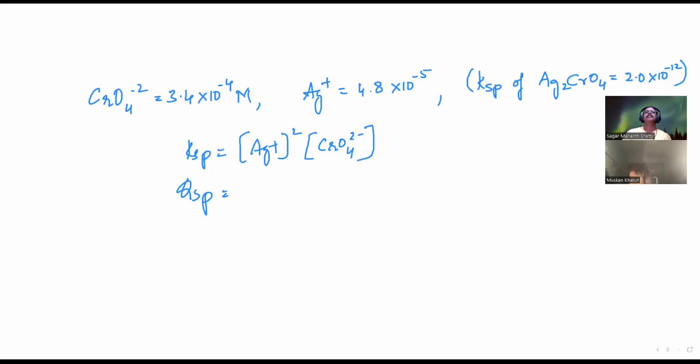So now in the next part, it's 4.8 into 10 to the power of minus 5 raised to the power of 2 times CrO4 which is 3.4 into 10 to the power of minus 4.